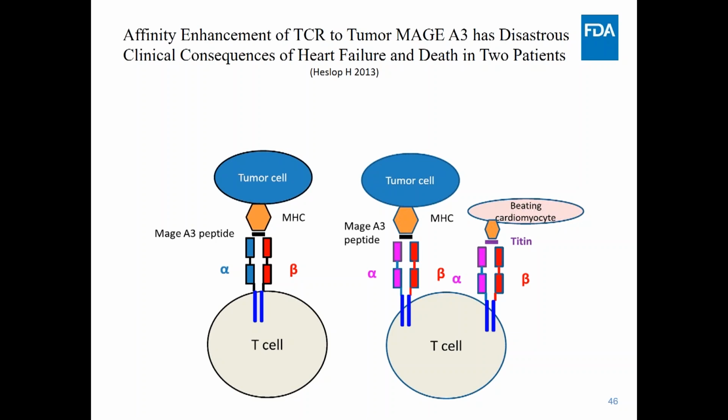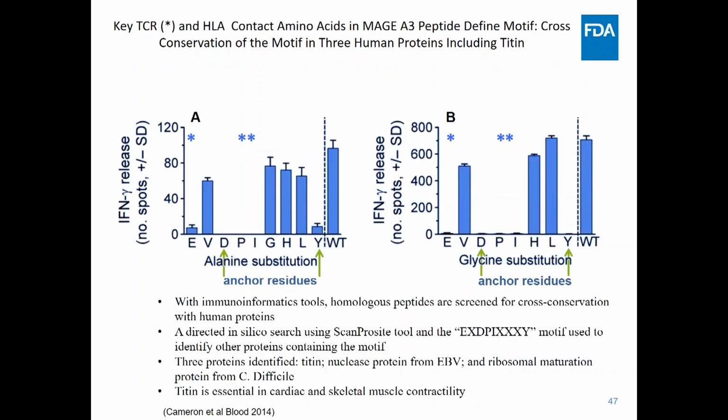And that was because inadvertently a T cell receptor was created that reacted with a titin peptide. Titin is a muscle protein critical for cardiac and skeletal muscle function, and this had not been anticipated. However, following this disaster, investigators went back and looked at the key T cell receptor and HLA contact amino acids in the MAGE-A3 peptide target, and there was a defined motif.